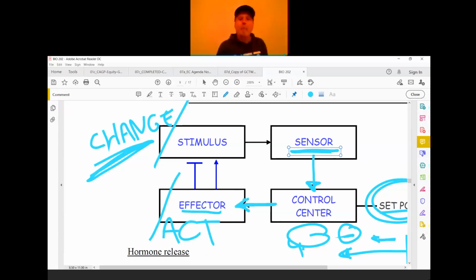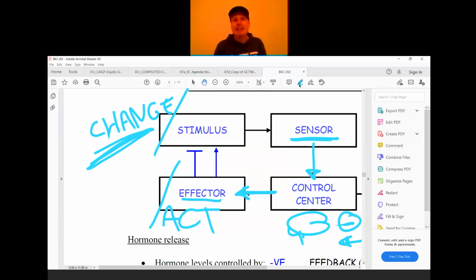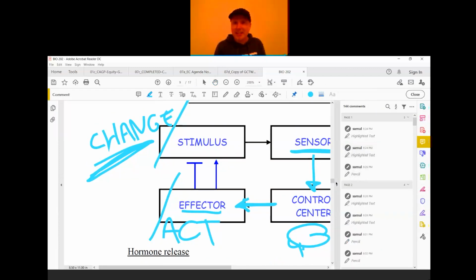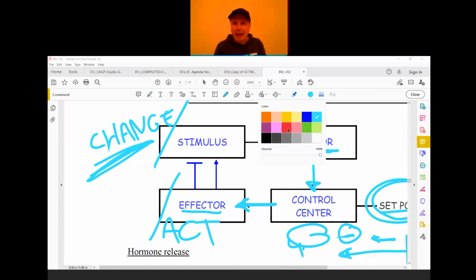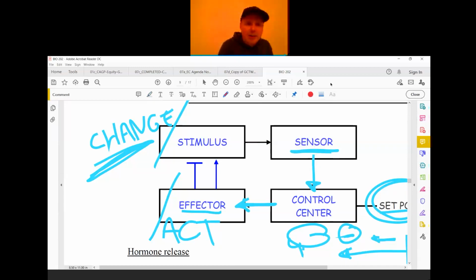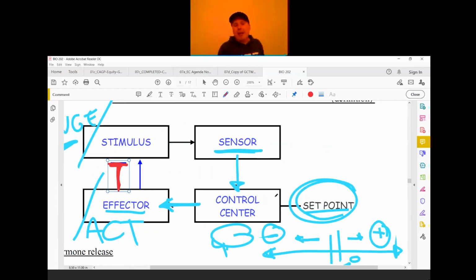Usually, most of the time in the body, the response is going to be a negative response. What we want to do, sorry, I lost my writing tools, is stop that change from happening. In engineering, a line blocked by a line like this means it stops the stimulus from happening.